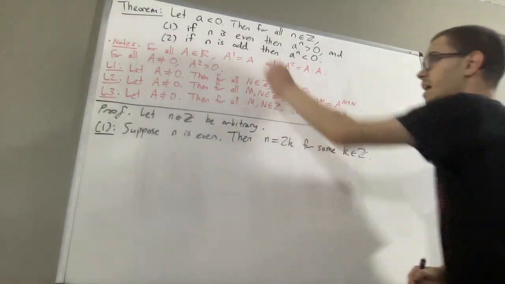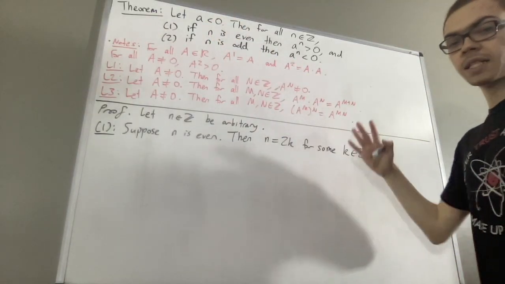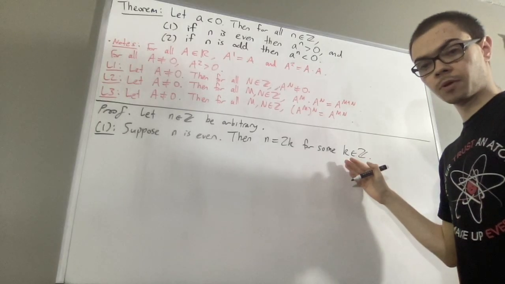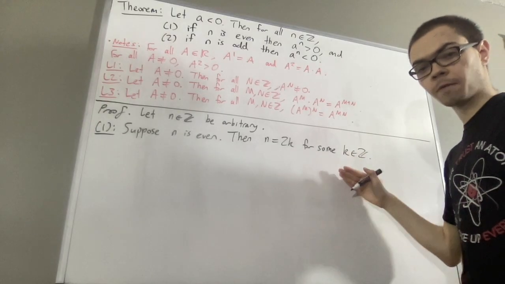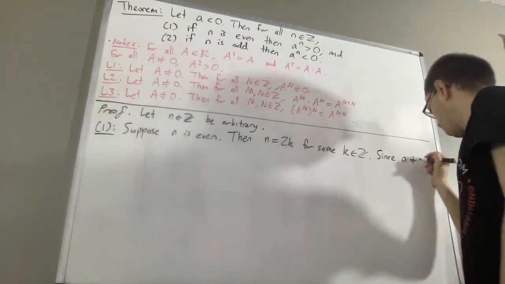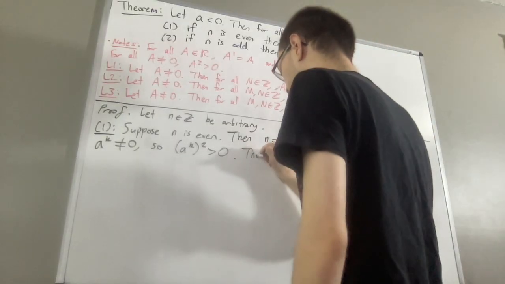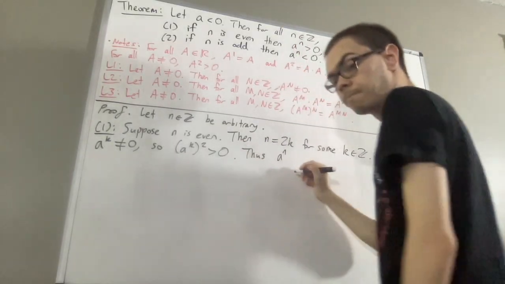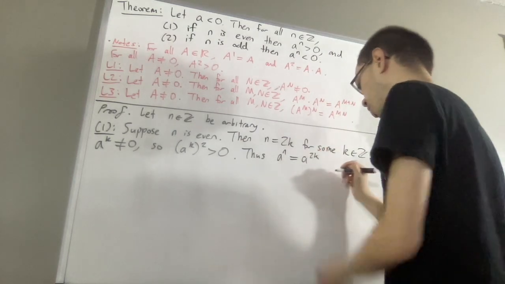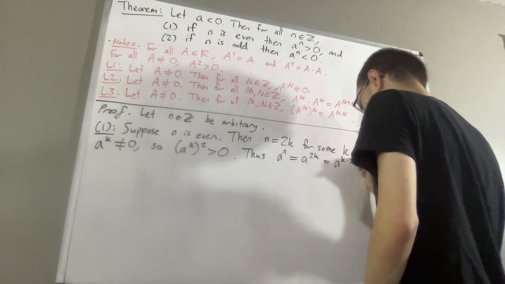Now since a is a non-zero real number, we know that a to the power of k is a non-zero real number. So if we take a to the power of k raised to the power of 2, that will be a positive real number. But notice, a to the power of n is a to the power of 2k, and we know we can re-express the 2 times k as k times 2.